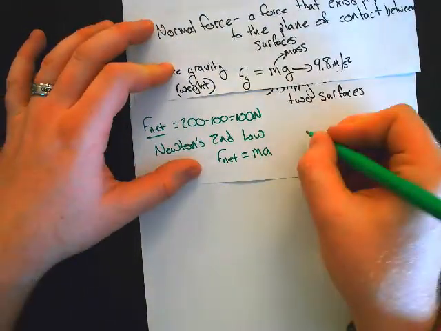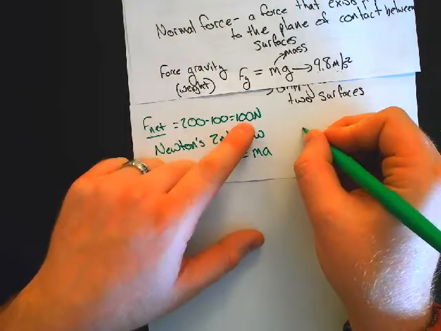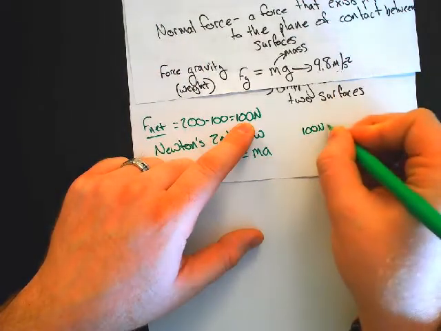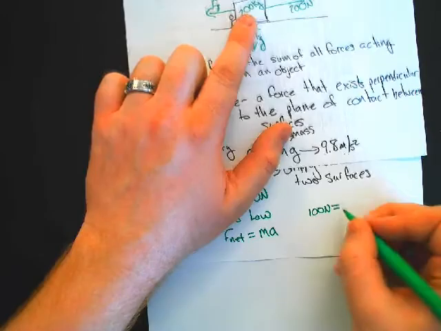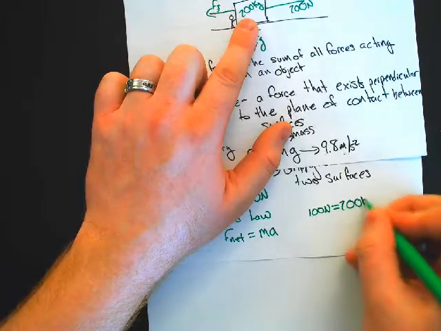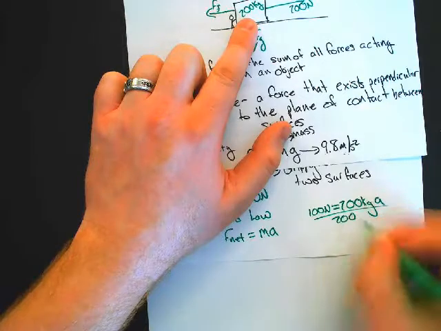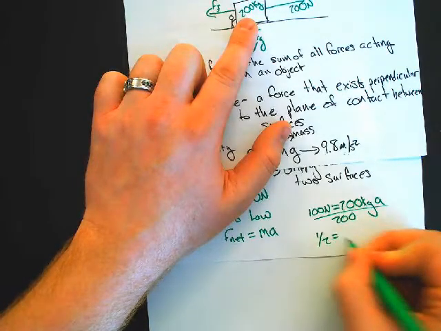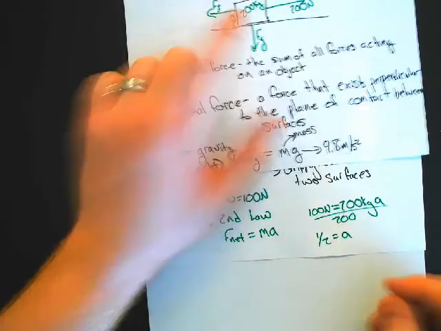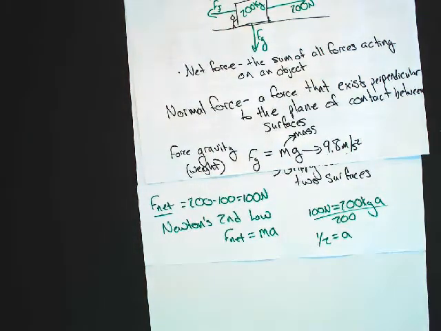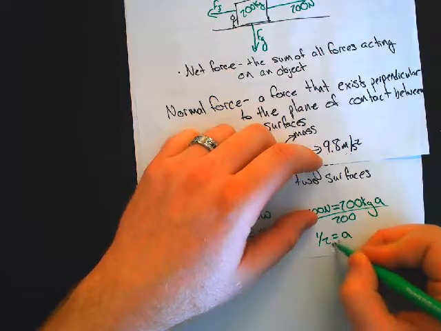That means my net force of 100 is equal to my object's mass, 200 kilograms, times acceleration a. I divide both sides by 200, and I get 1/2 is equal to a. So my acceleration is 1/2 a meter per second squared.